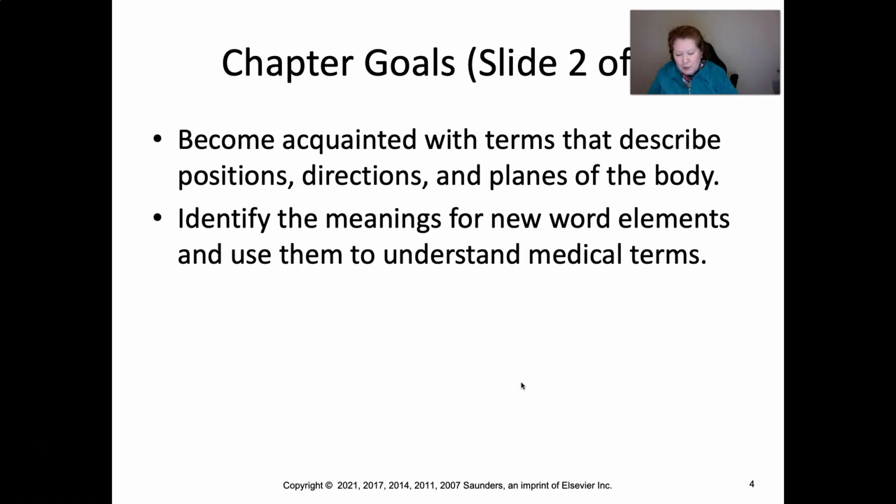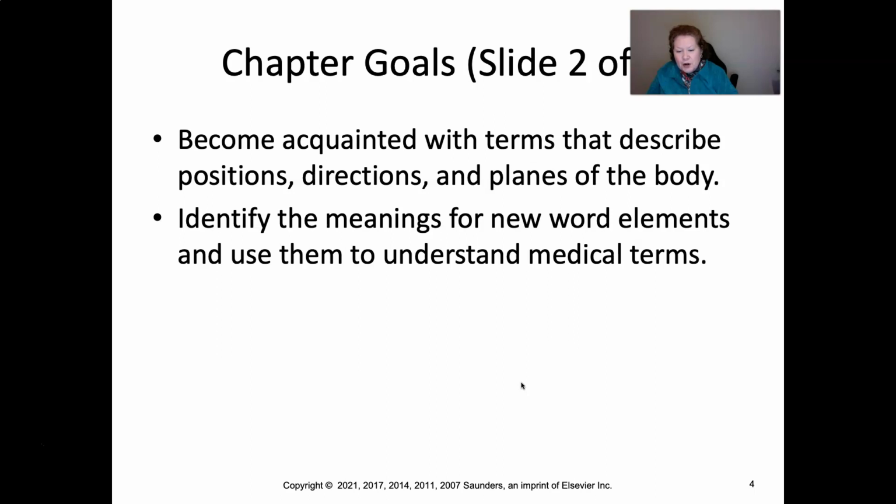We want to correctly spell medical terms, divide medical terms into their component parts, analyze medical terms that combine prefixes and other word elements, build medical words using combining forms, suffixes, and prefixes, define terms that apply to the structural organization of the body, identify the body cavities and the organs contained within those cavities, find and identify the anatomic and clinical divisions of the abdomen, find and name the anatomic divisions of the back, define terms that describe positions, directions, and planes of the body, and identify meanings for new word elements and apply them to understand medical terms.